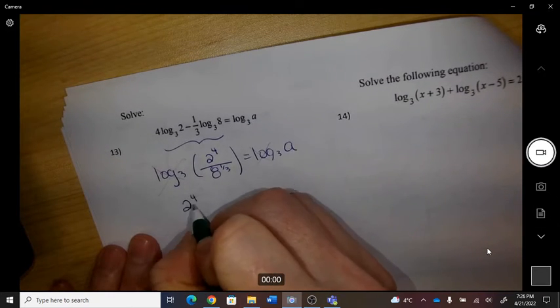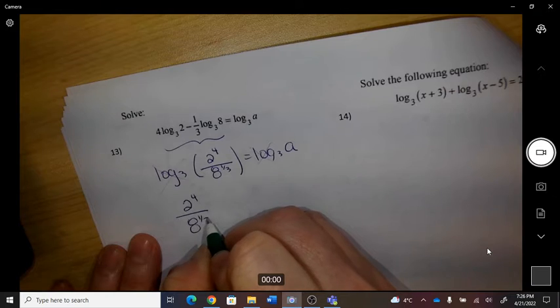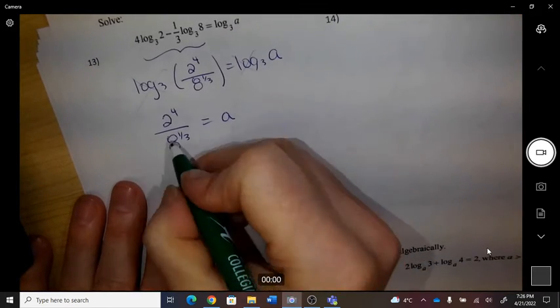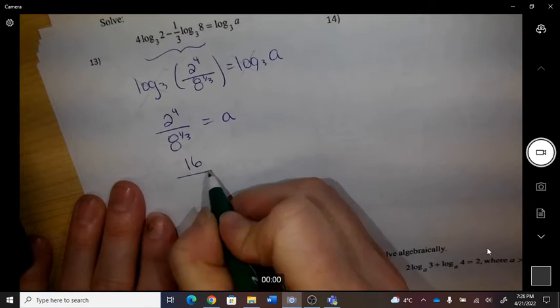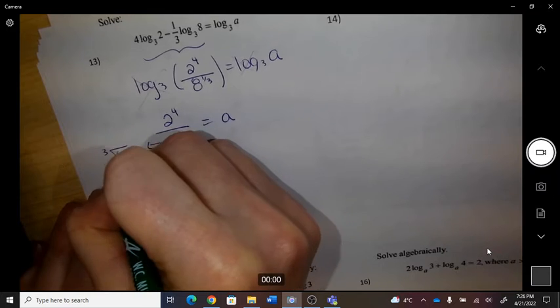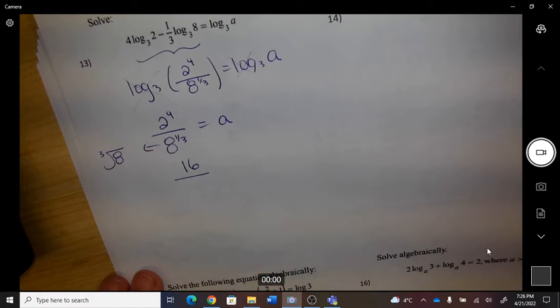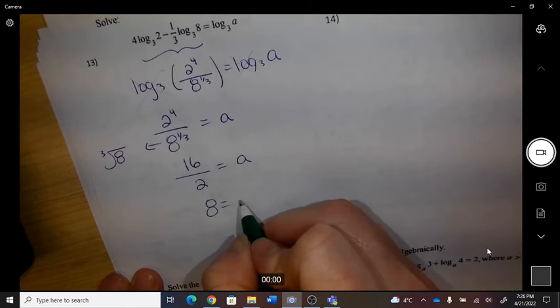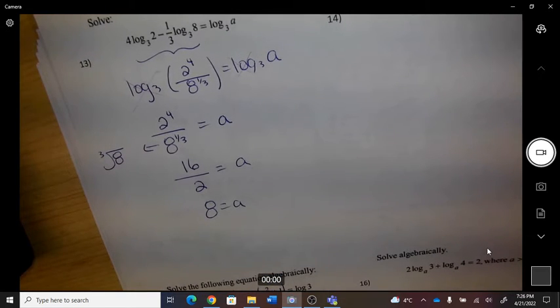So 2 to the 4th over 8 to the 1/3 equals a. So 2 to the 4th is 16. This is the same thing as the cubed root of 8, which is 2. So therefore a equals 8.